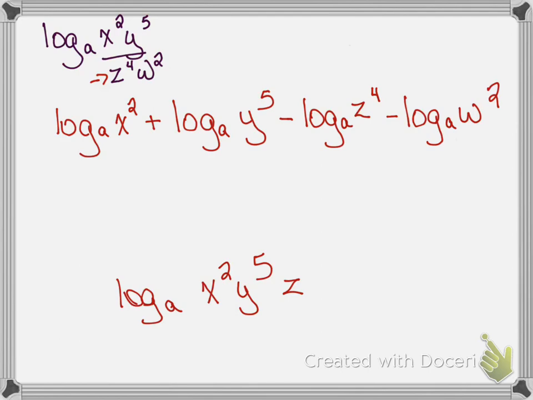It would be the negative fourth. Good. If I want to move w to the numerator, what power would it be written to? Negative 2. That right there is why.